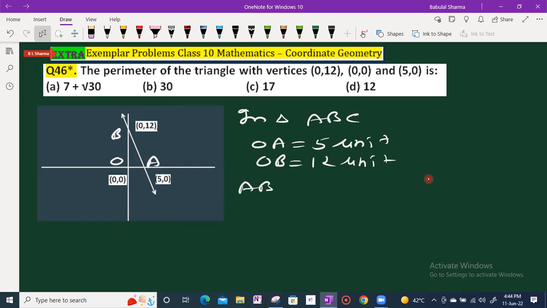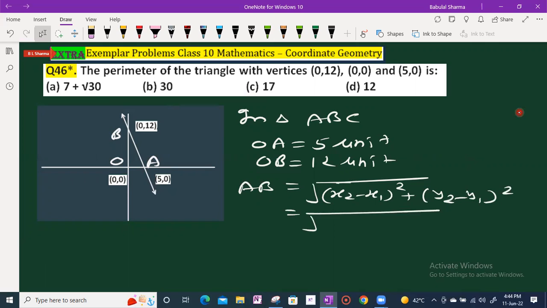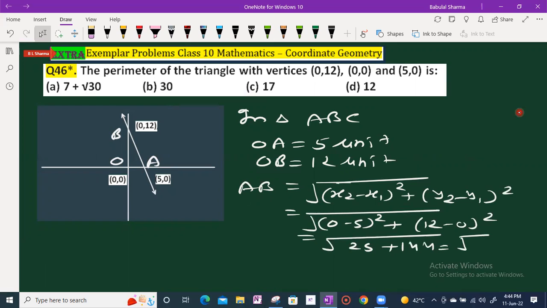And now distance AB using the distance formula, that is square root of x2 minus x1 whole square plus y2 minus y1 whole square. We can write 0 minus 5 whole square plus 12 minus 0 whole square. 5 whole square is 25. 12 whole square is 144. 25 plus 144, that is 169. And square root of 169 is 13.